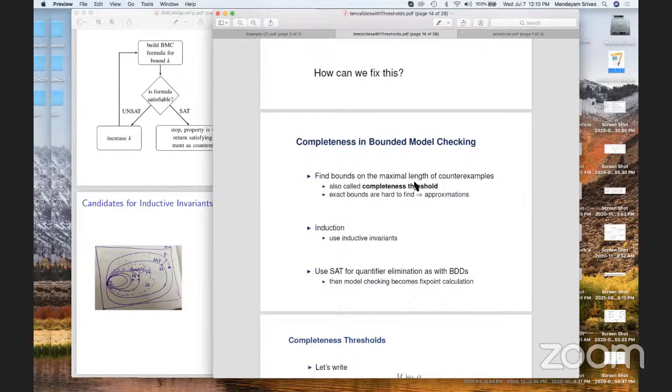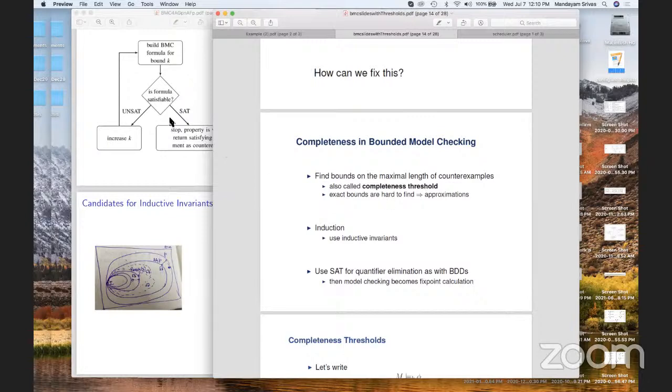You can find bounds on the maximal length of counterexamples, and that's what is called the completeness threshold. It may be very hard to find exact bounds, but maybe you can come up with some looser bounds on the maximal length of the counterexamples, and then a looser bound on the completeness threshold.